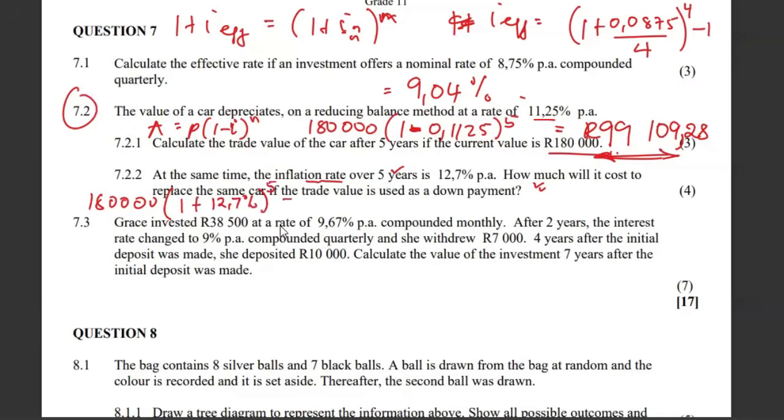So inflation is part of the compound interest. So 180,000 times (1 plus 12.7%, or 0.127 after dividing by 100) to the exponent of 5.